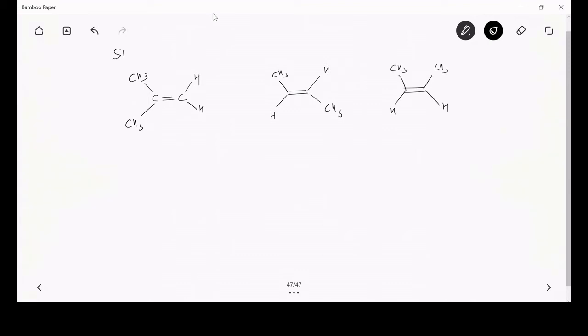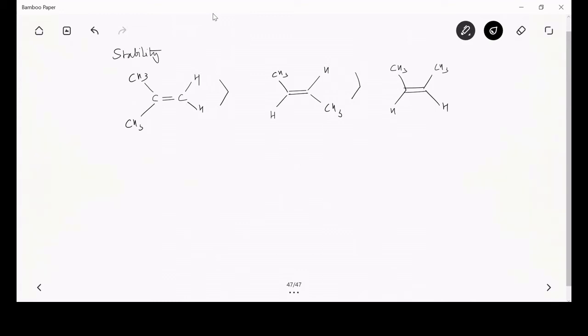So the order of stability is like this. It will be more stable than the trans alkene, and this trans one will of course be more stable than the cis. Now why is it so?